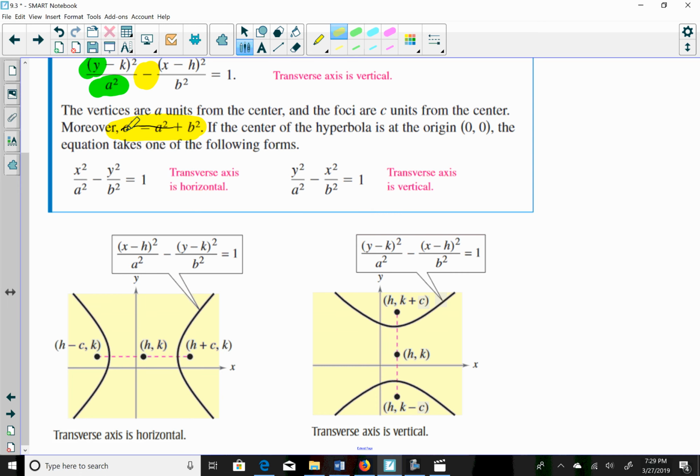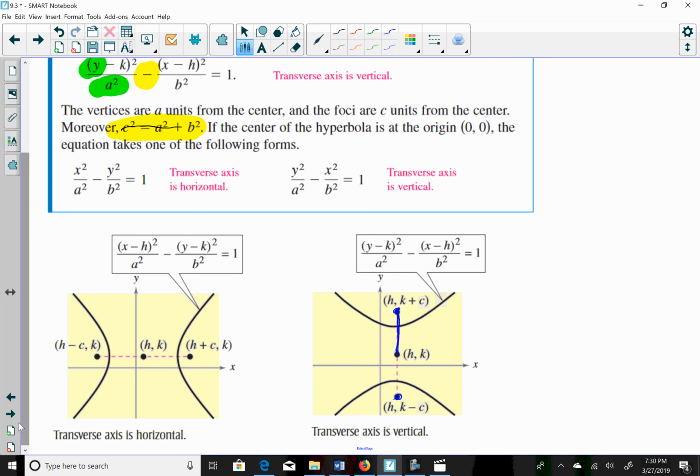That's different than it was before. In an ellipse, C squared was equal to A squared minus B squared. For a hyperbola, C squared is equal to A squared plus B squared, because remember, the foci are inside the branches. So the distance between here and here is going to be the largest distance that I have.